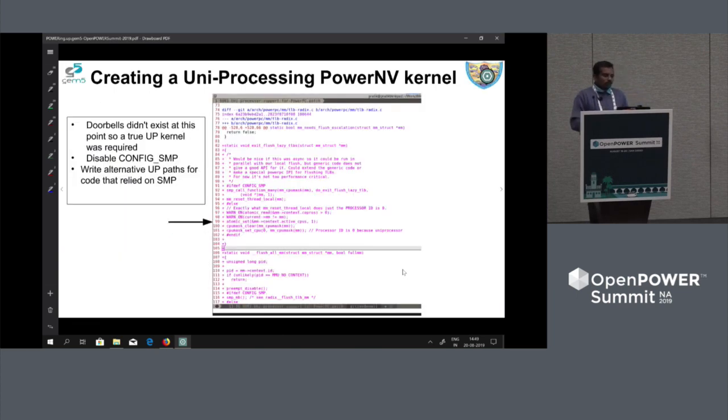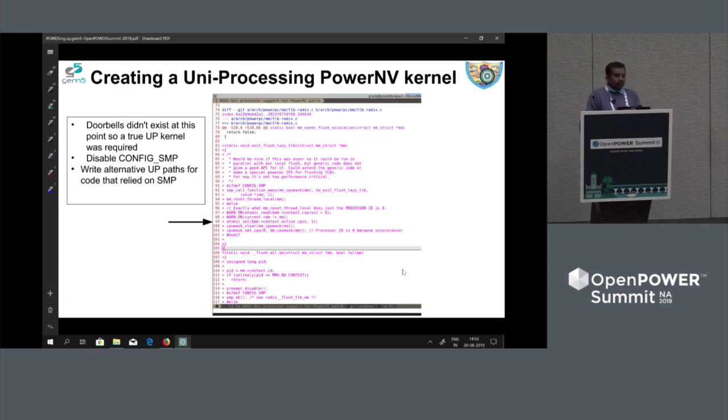First of all, to even do that, we had to modify the compiled Linux kernel, because Linux by default assumes that there are multiple processors. So some of those constants had to be turned off. Some of the multiprocessor code portions that assume multiprocessor context had to be changed to a uniprocessor context or commented out.